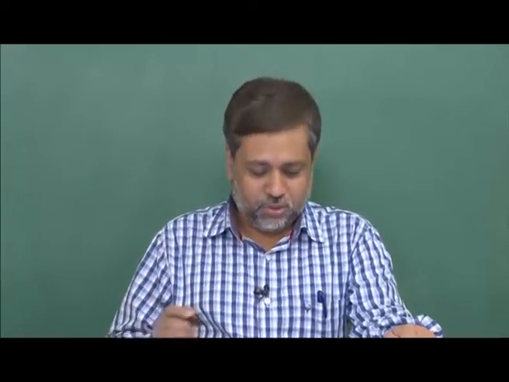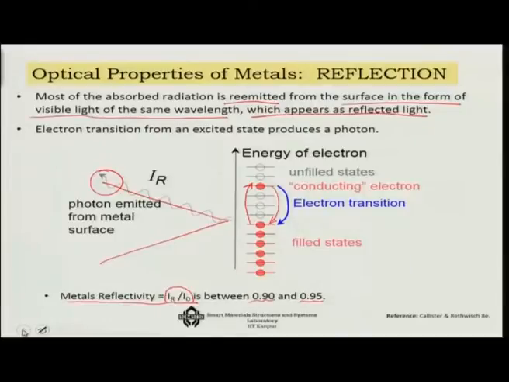But because of this high reflectivity you can easily imagine that you can see your image very nicely on the metallic surface, because the light wave which will get reflected from your body and then go to this metallic surface will actually almost 90% to 95% will come out, and hence you will be able to see the image.